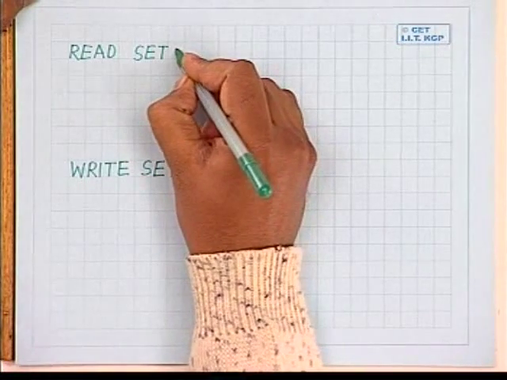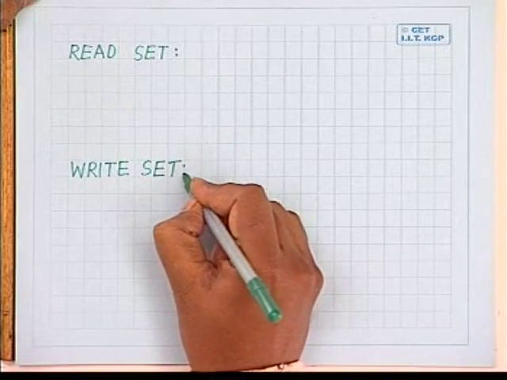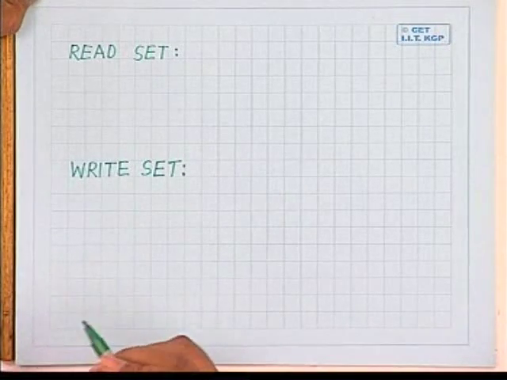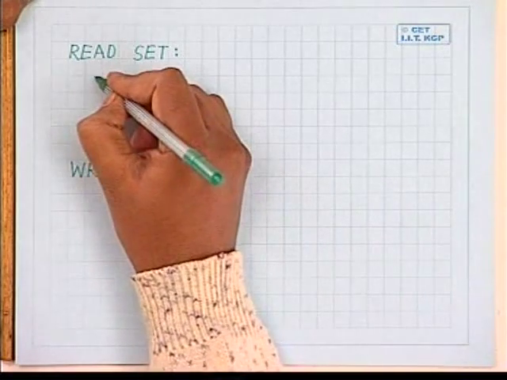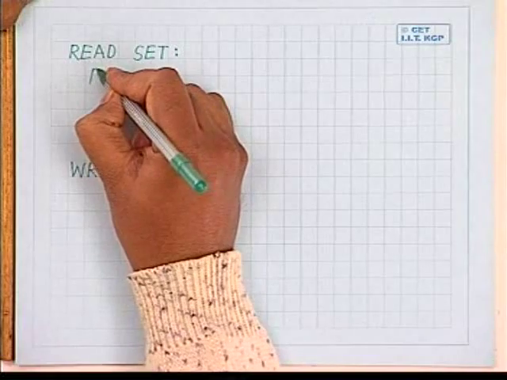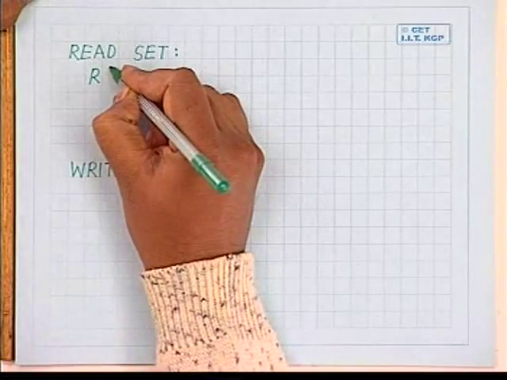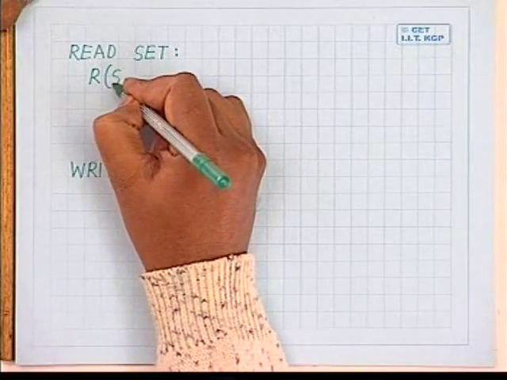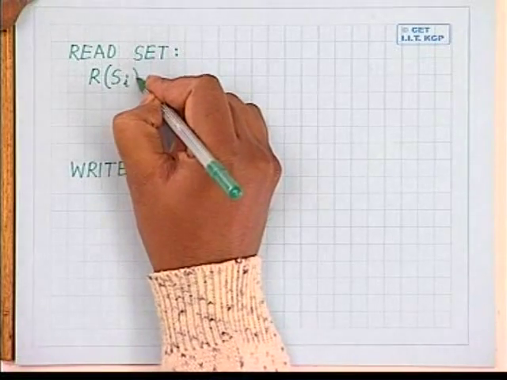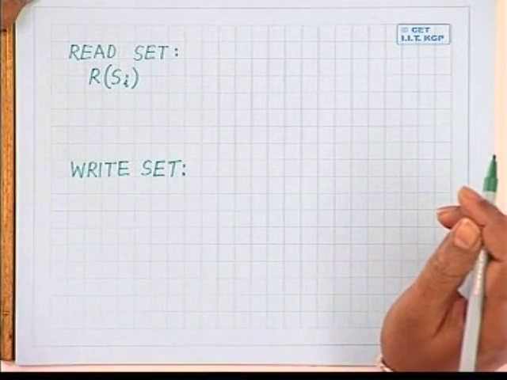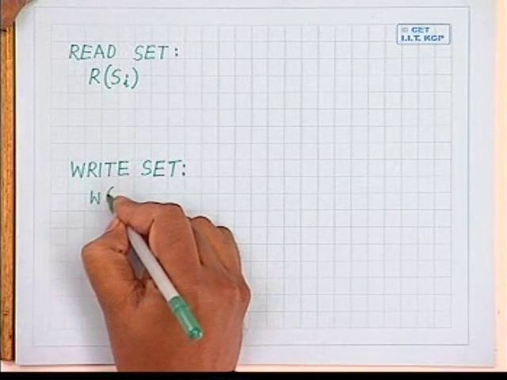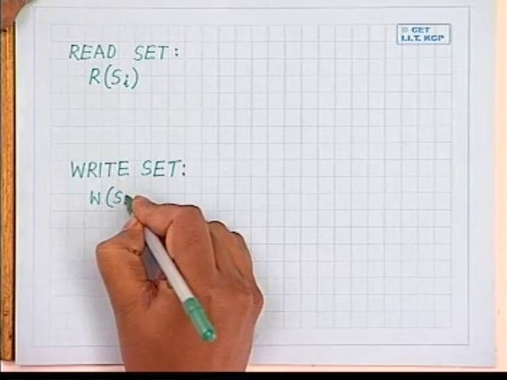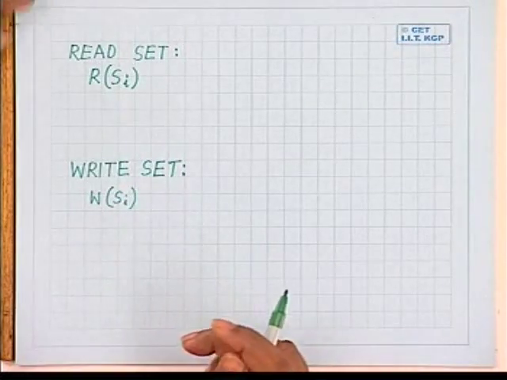Okay. So we define two sets, one is read set and other one is a write set. The read set of a given statement or of a given module is represented by RSI, where SI is the ith statement or ith module. Write set is similarly represented by WSI, where SI is the ith statement or the ith module.